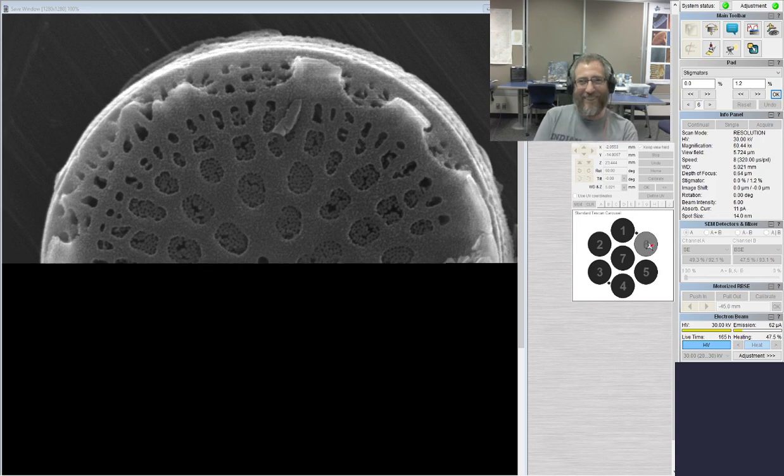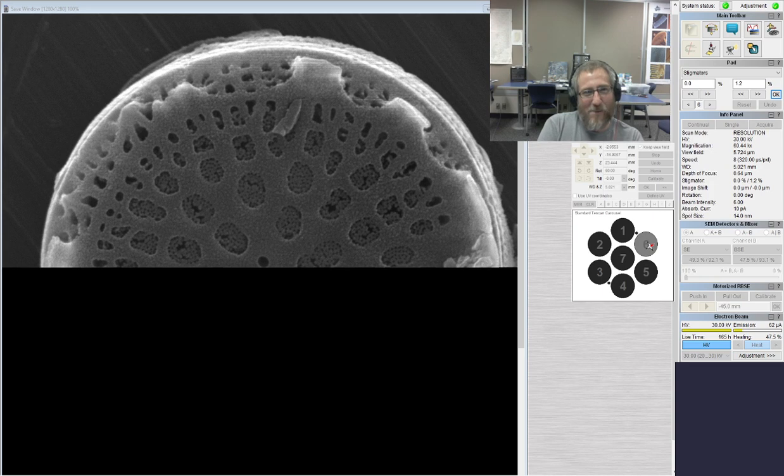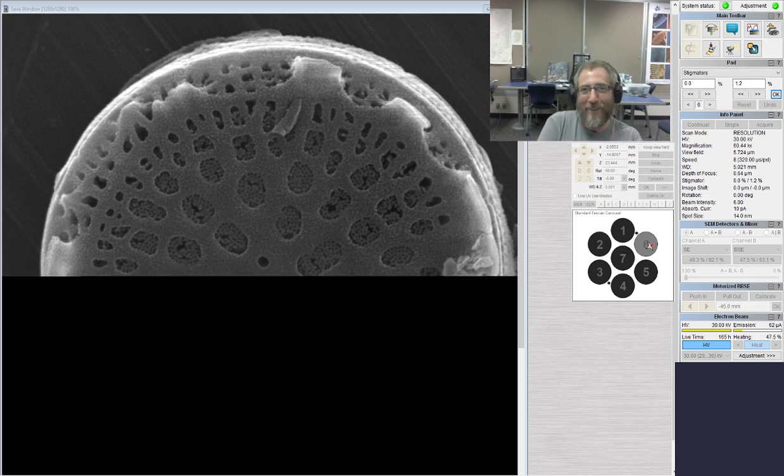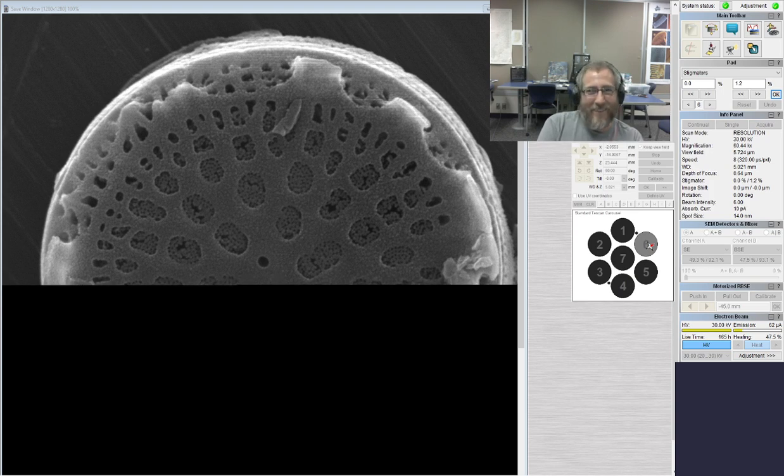One thing that's interesting to me, Jeffrey, is I don't recall ever using an SEM in a lit office. We always did it in the dark. You want me to turn the lights off? No, you don't have to, but you seem to be able to take beautiful images and manipulate this thing just perfectly fine in your lighted room.